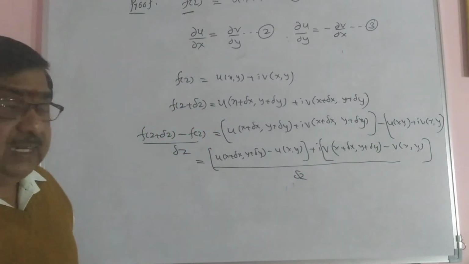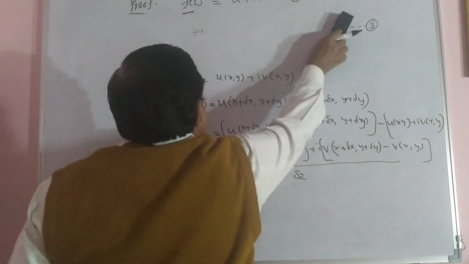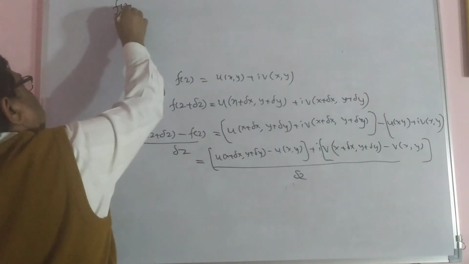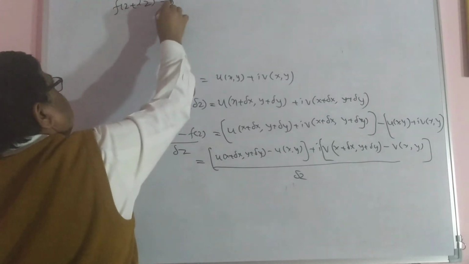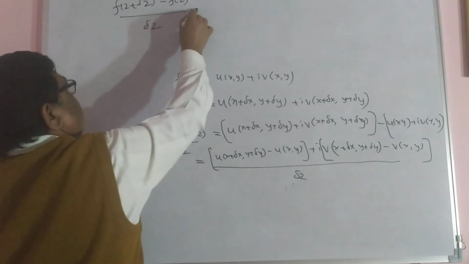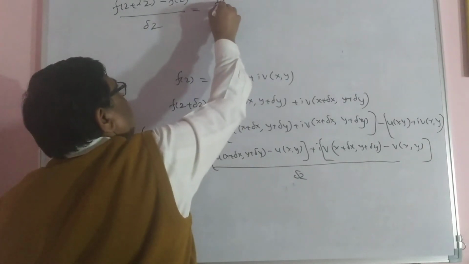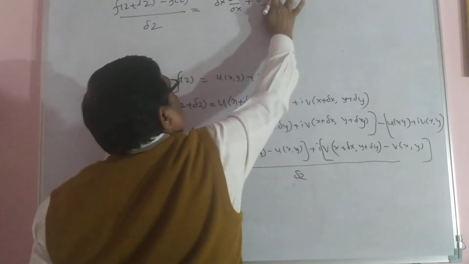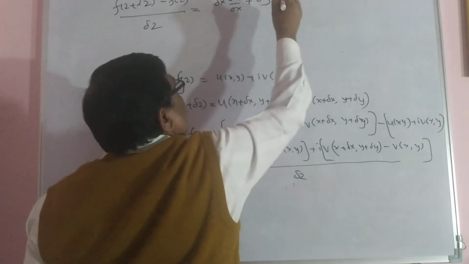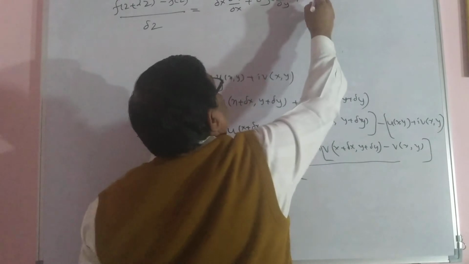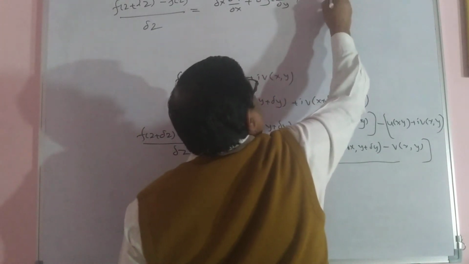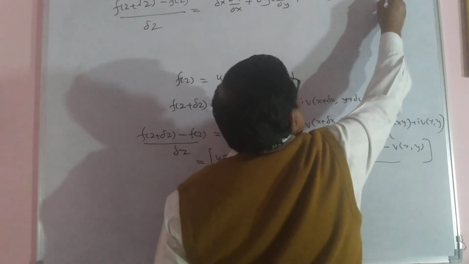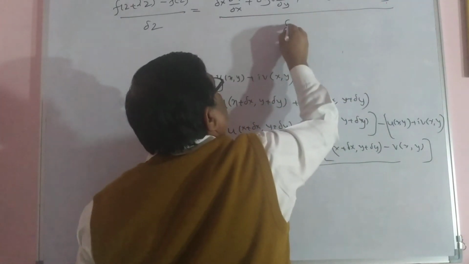But you know that by Taylor's series of a function of two variables, f of z plus delta z minus f of z divided by delta z is equal to delta x ∂u/∂x plus delta y ∂u/∂y plus i delta x ∂v/∂x plus i delta y ∂v/∂y, divided by delta z.